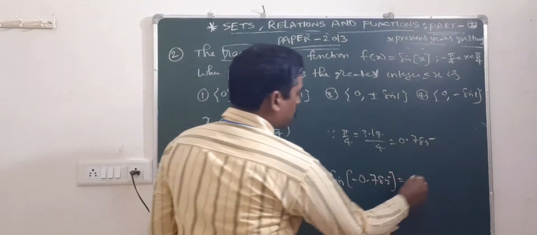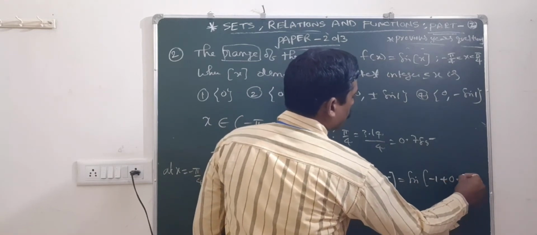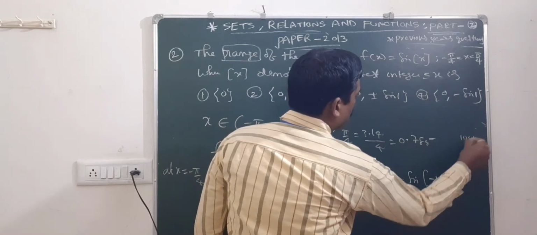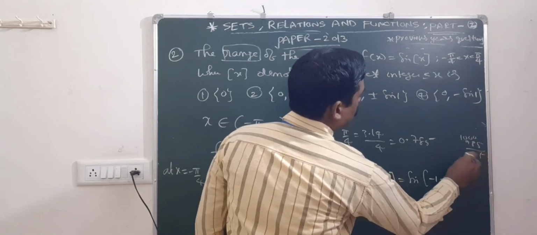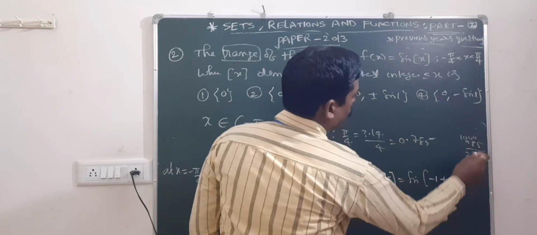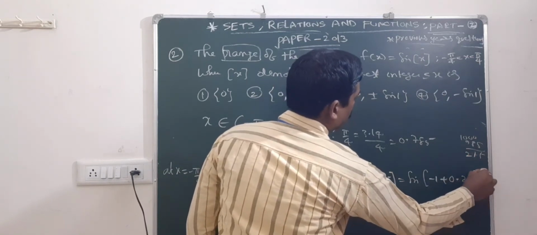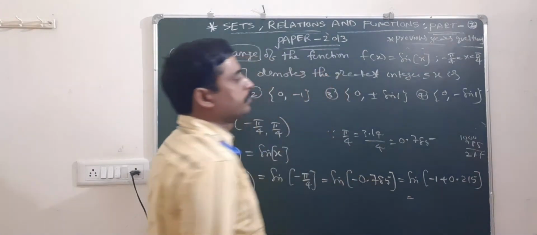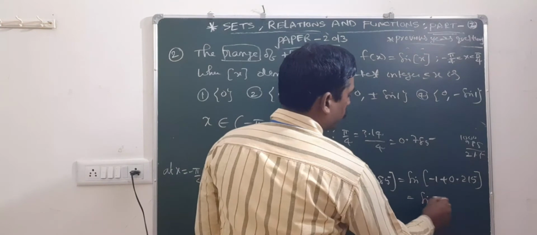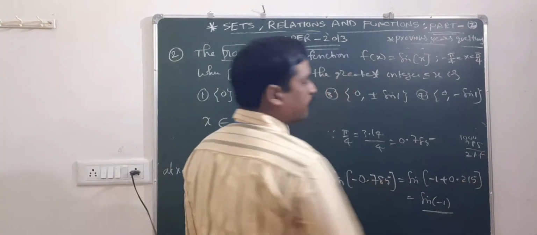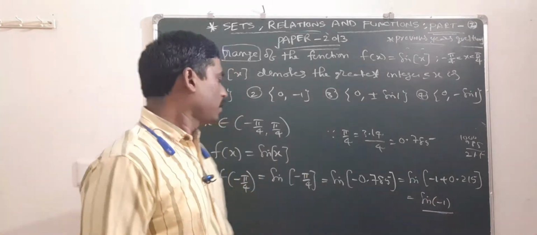This can be written as sine of minus 1 plus 0.215. This is equal to sine of minus 1, since the integral part of minus 1 plus 0.215 is minus 1. So sine of minus 1.